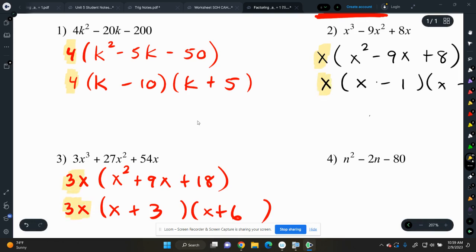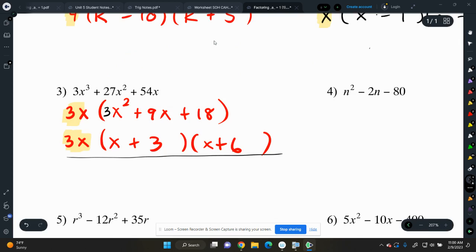When you factor out the greatest common factor, be very careful with what's left inside the parenthesis. If you have a wrong number here, even though you factored it correctly down here, it's wrong. Because what we are saying is that this is equal to that, and that's equal to that. Well, that's not even true if there's a 3 there. They're not equal.